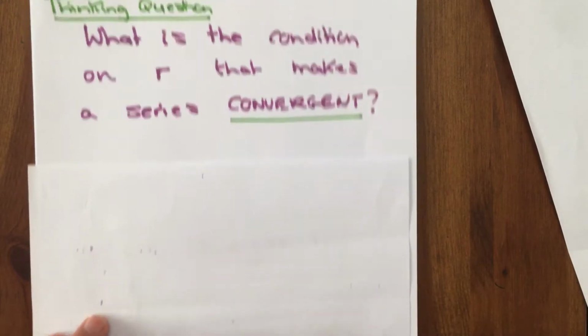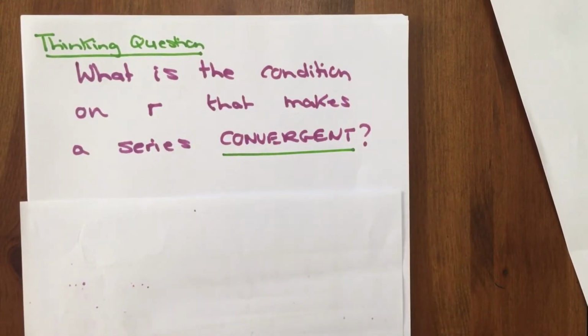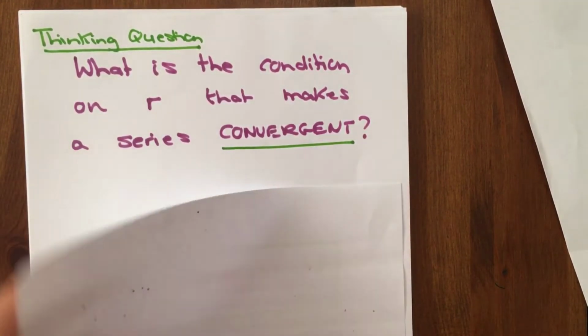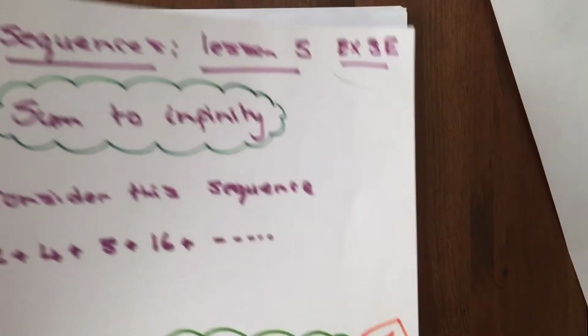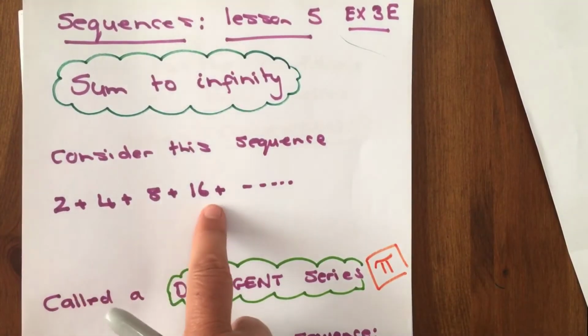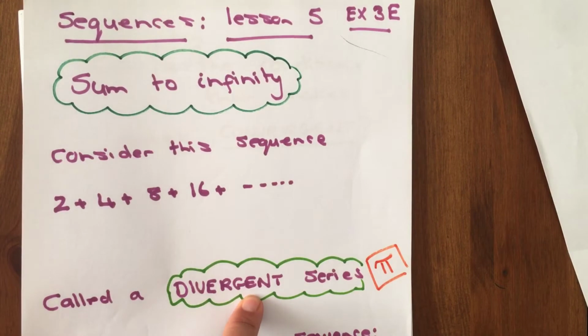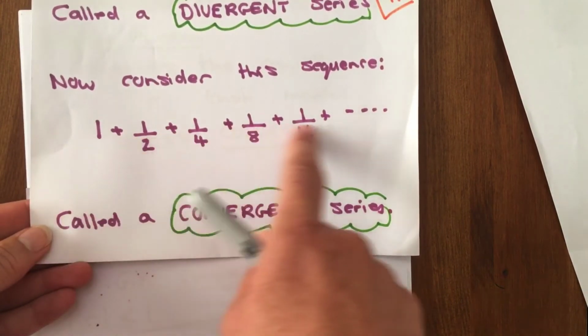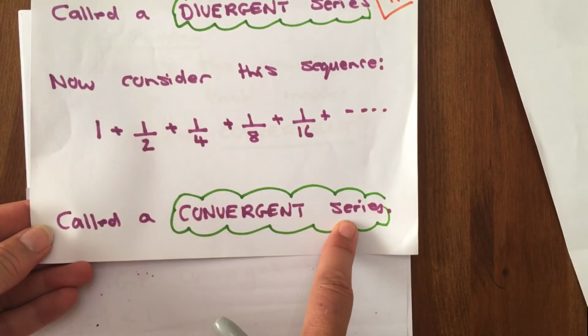To make a series convergent, what do you think r has to be? In this case, r was 2 and it was a divergent series. This one, r was a half and it was a convergent series.